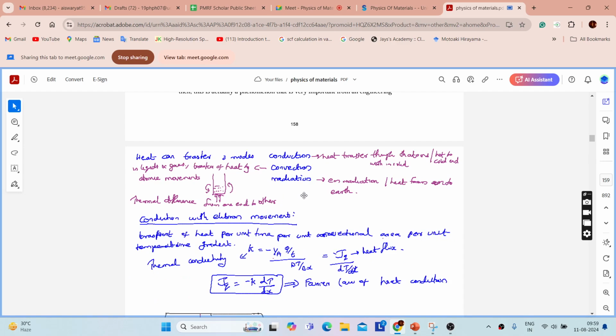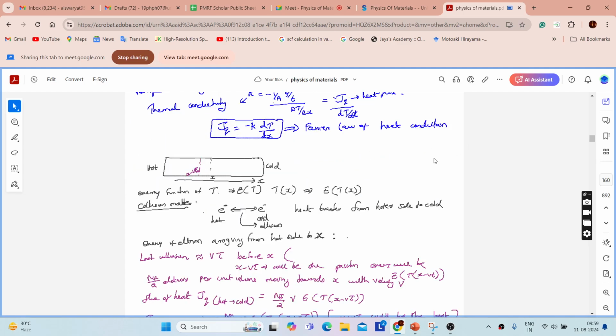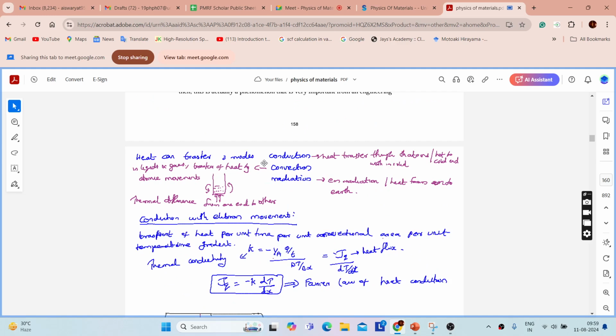Convection is what normally happens in liquids and gases. There, if you take water in a flask or something and boil it, the heat will transfer to the lower level and it will go up, and similarly this atomic movement will happen, then heat will transfer uniformly everywhere in the volume.